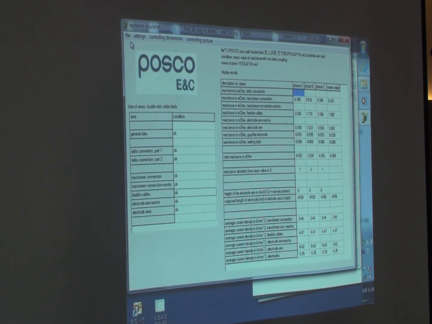Yes, we can calculate many things, and we have done this many years before. I think this is also written in the first language of Windows. Okay, but we have used it very often.